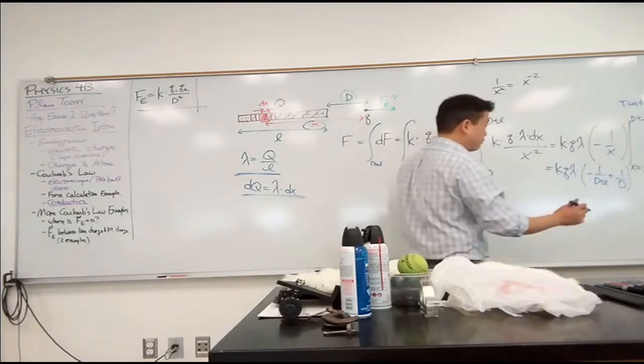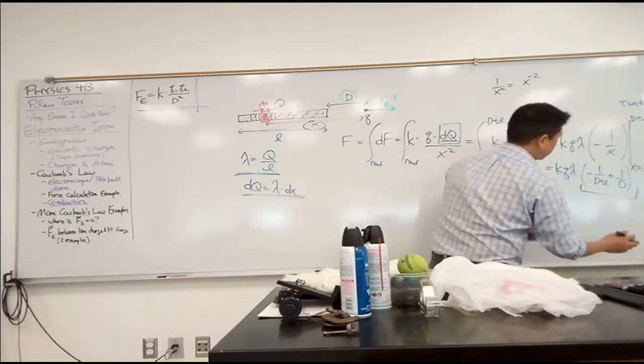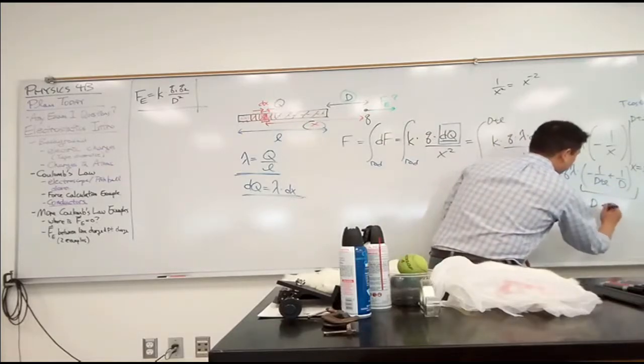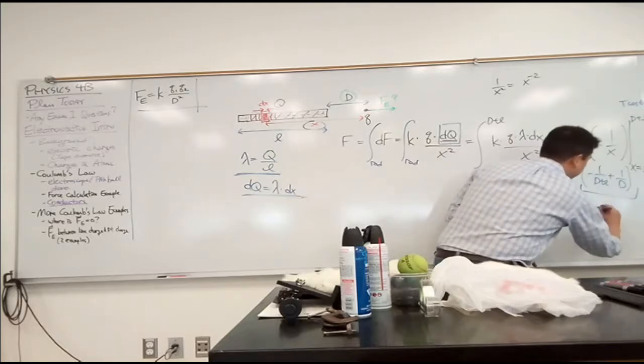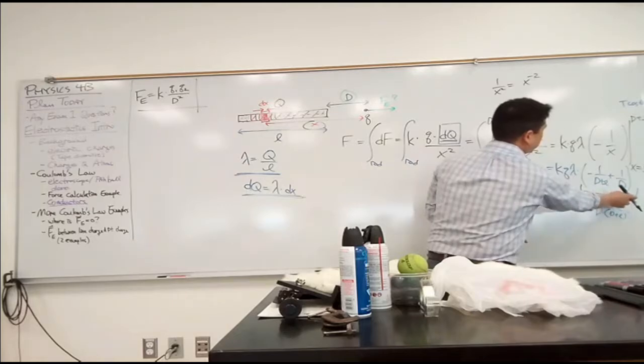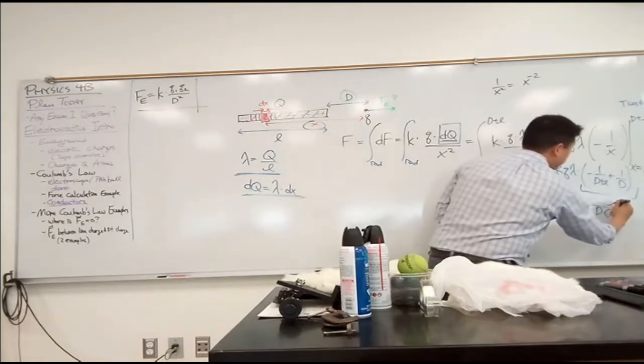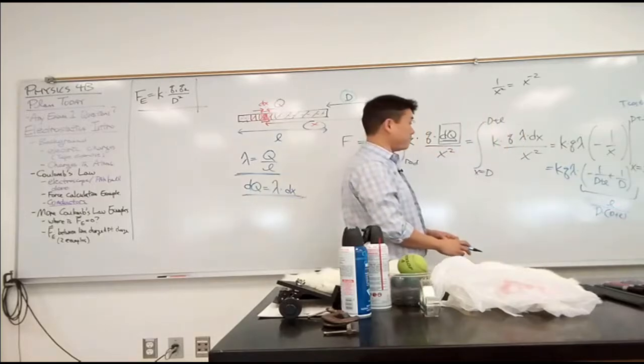If you wanted to really convince yourself, you can rewrite this with d times d plus L in the denominator, and in the numerator it'll be minus d plus d plus L, so these cancel and you get just L in the numerator.